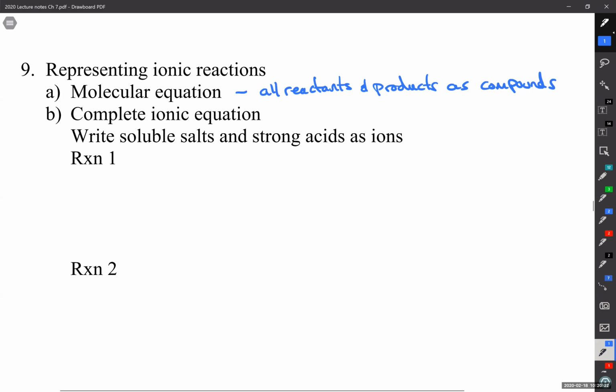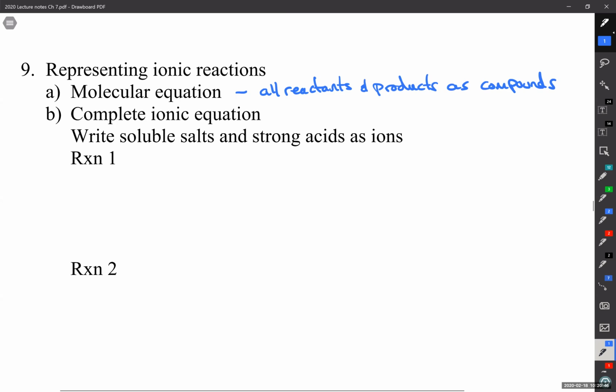Now what we're going to do is write the complete ionic equation next. You need to have done the work we did before to write what's called the complete ionic equation. What does it sound like when I say write out the ionic equation? Everything is ions.